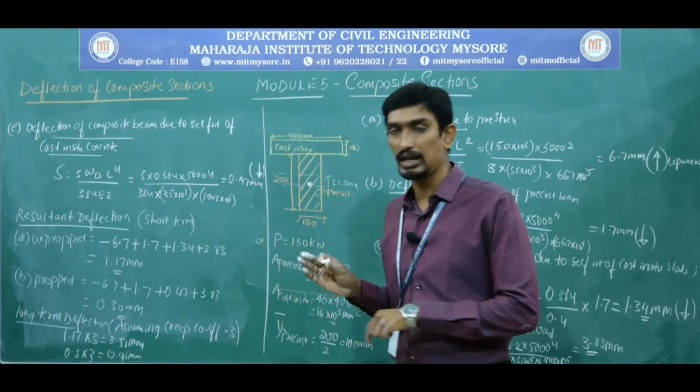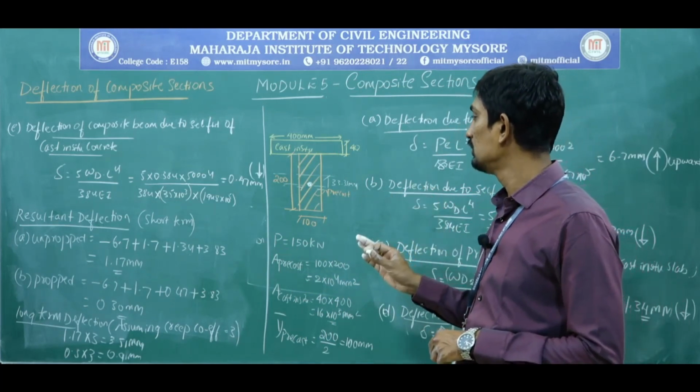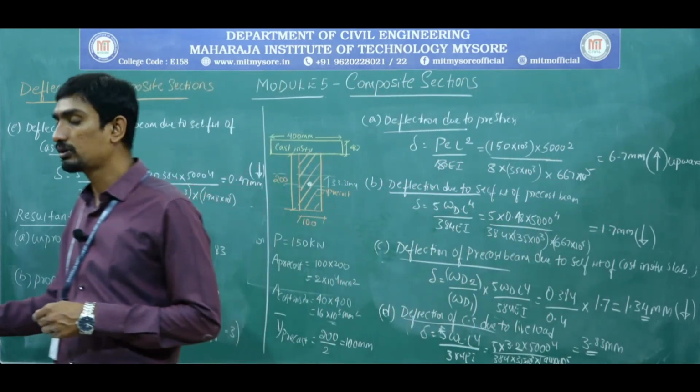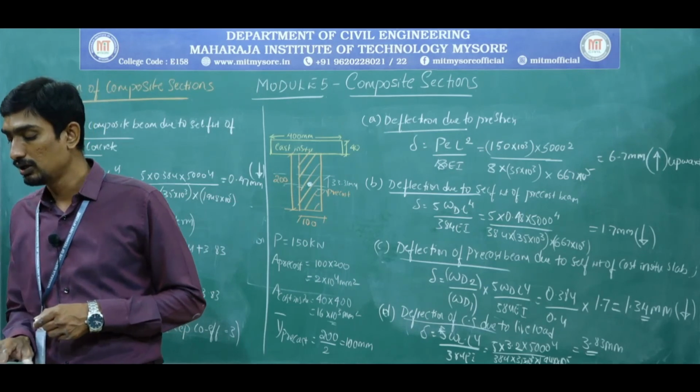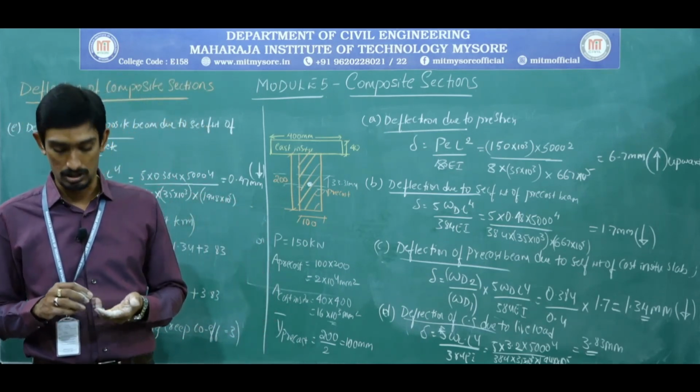So this is the way you calculate the short term and long term deflection for a composite section. Now after calculating, you need to check whether they are within the permissible limit or not.